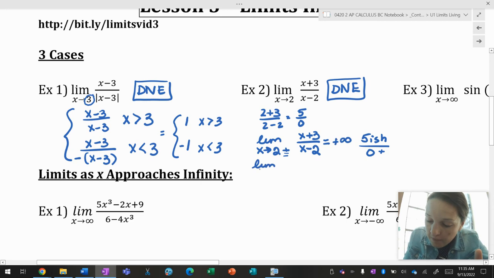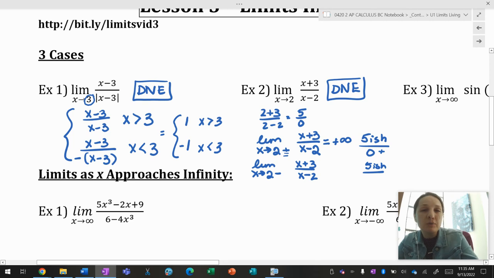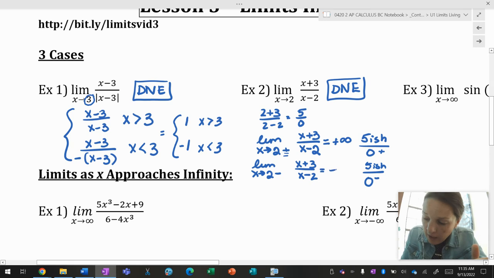And if I do the same thing and x approaches 2 from the left, I still have 5-ish, but now I'm plugging in a number to the left of 2, like 1.99, and 1.99 minus 2 is 0-ish, but negative. And so if both of those things are true, I then have negative infinity.